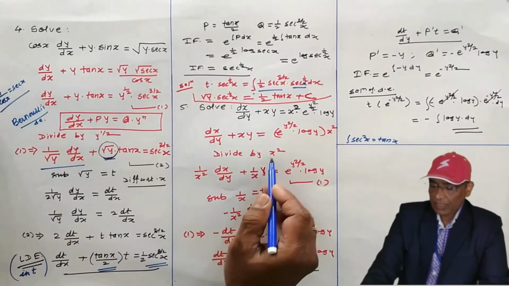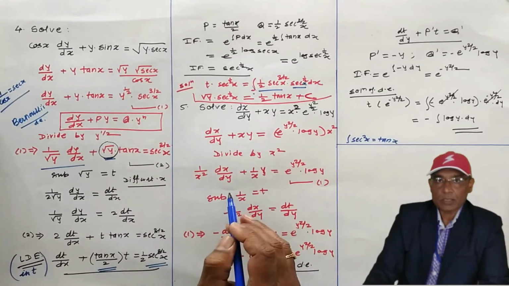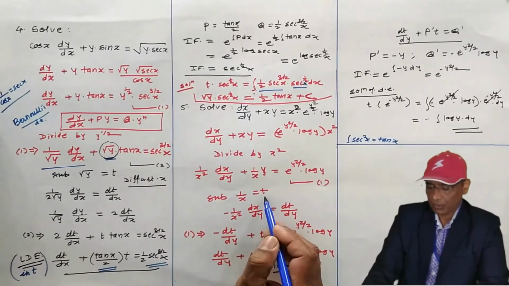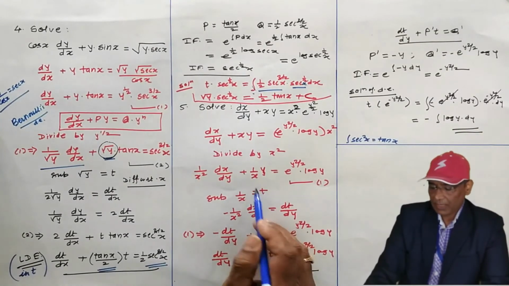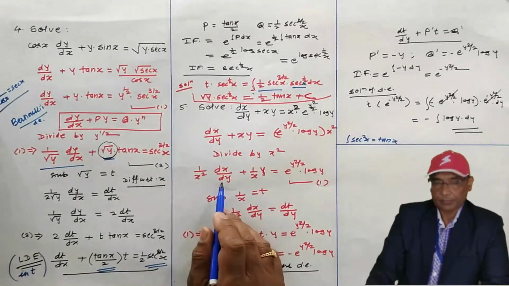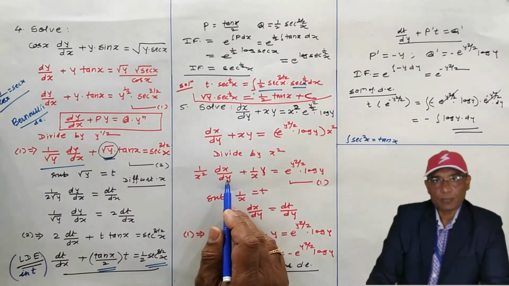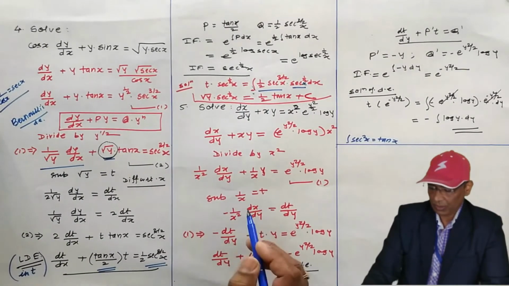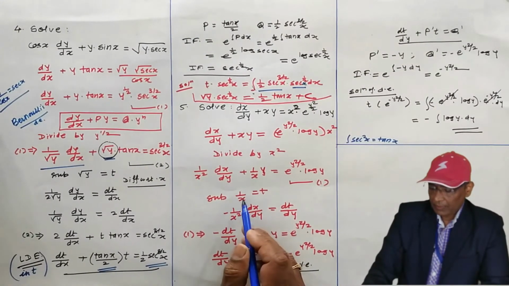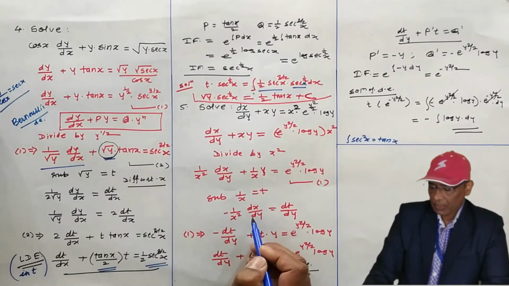Now, if you divide it by x square, the middle x component is equal to t, here substitute. Means 1 by x equal to t, here substitute. And definitely the derivative of this gets repeated here in the first term. Take derivative with respect to y now, because y is present in the denominator of the differential coefficient. Derivative of 1 by x is minus 1 by x square dx by dy.